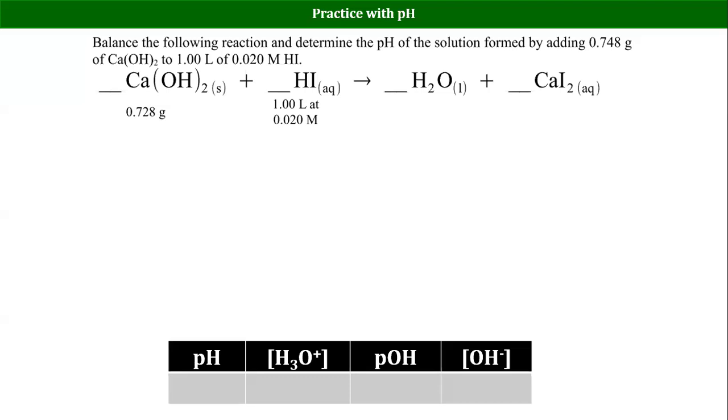It's really easy when I give you 1 liter of a solution with the molarity, huh? I already wrote it on the board.